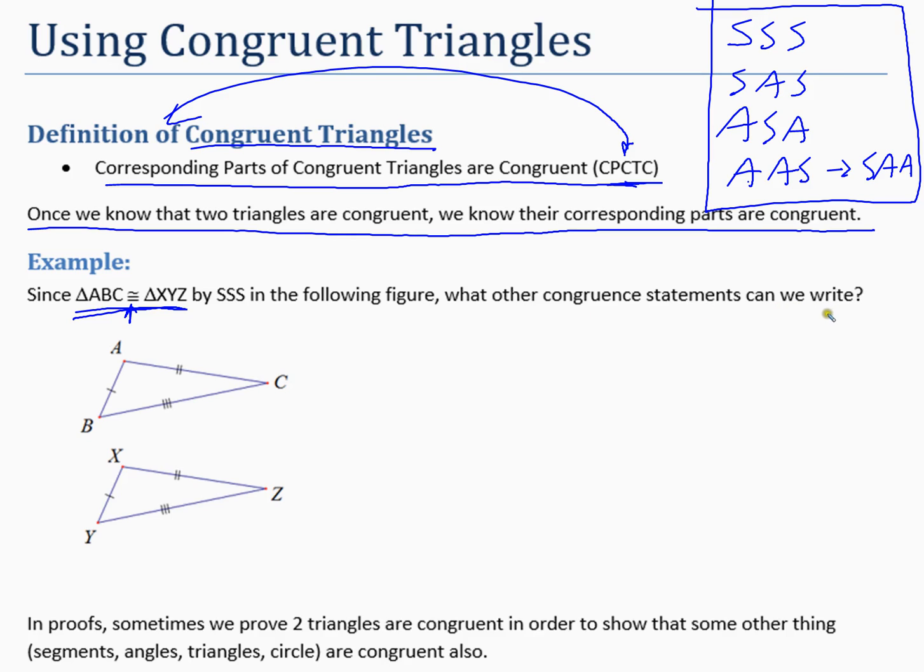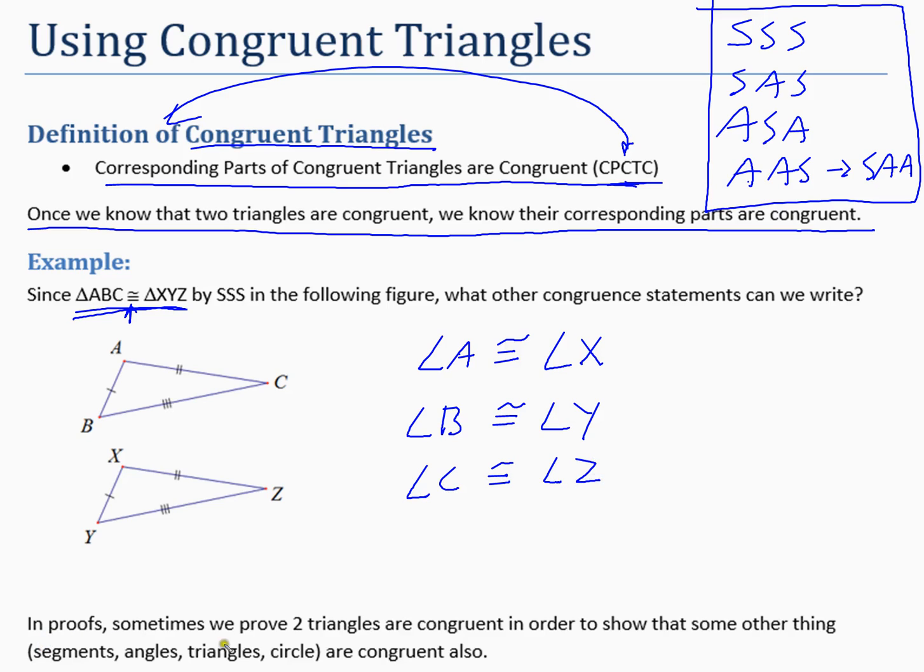So we can write angle A is congruent to angle X, since the triangles are congruent, so those corresponding parts are congruent. Angle B is congruent to angle Y, again because the corresponding parts are congruent. And the last one we can write is angle C is congruent to angle Z, again because the 2 triangles are congruent, the corresponding parts are congruent.